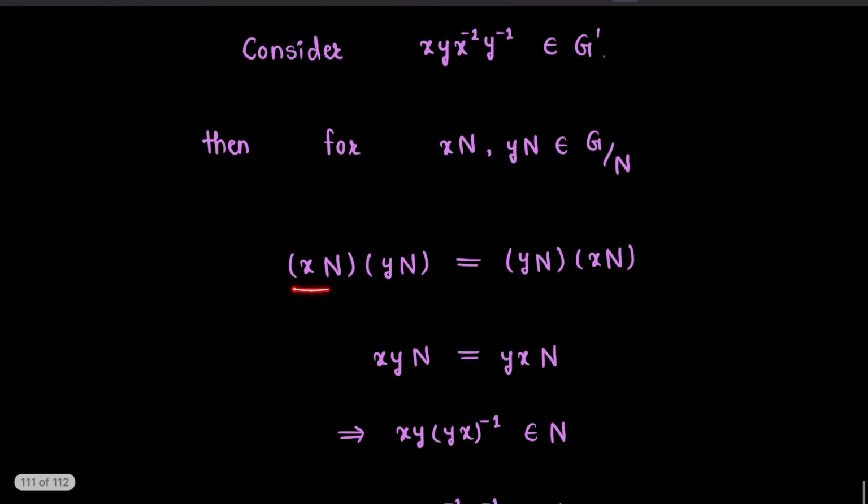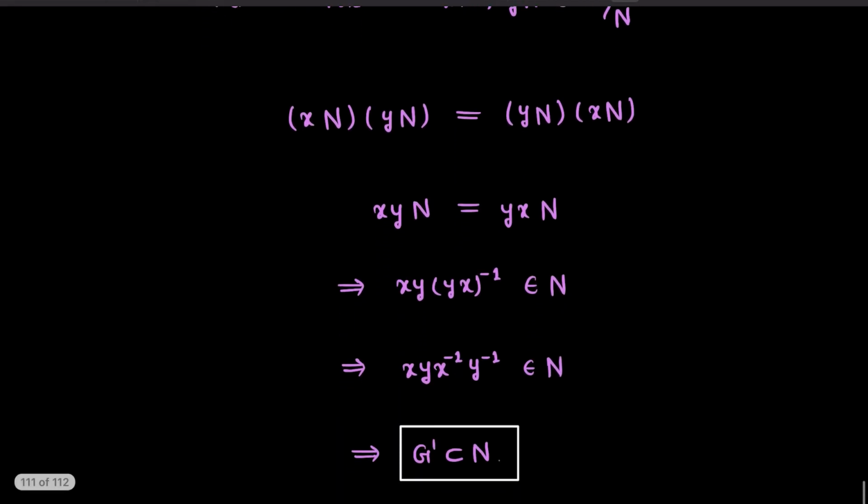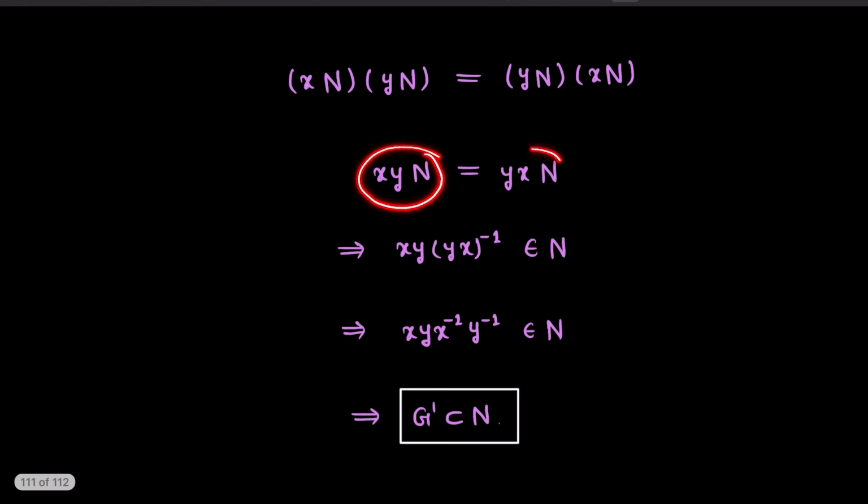Now this product can be written as xyN, and the product of these cosets can be written as yxN. So as these two left cosets are the same for these elements xy and yx of group G, we have xy (yx) inverse will be an element of subgroup N, and therefore this can be written as xy, and by the socks-shoes property (yx) inverse will be x inverse y inverse.